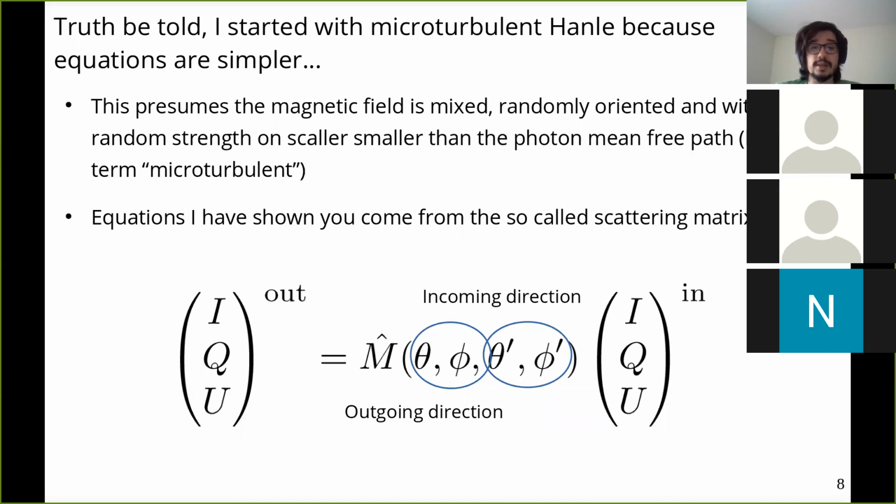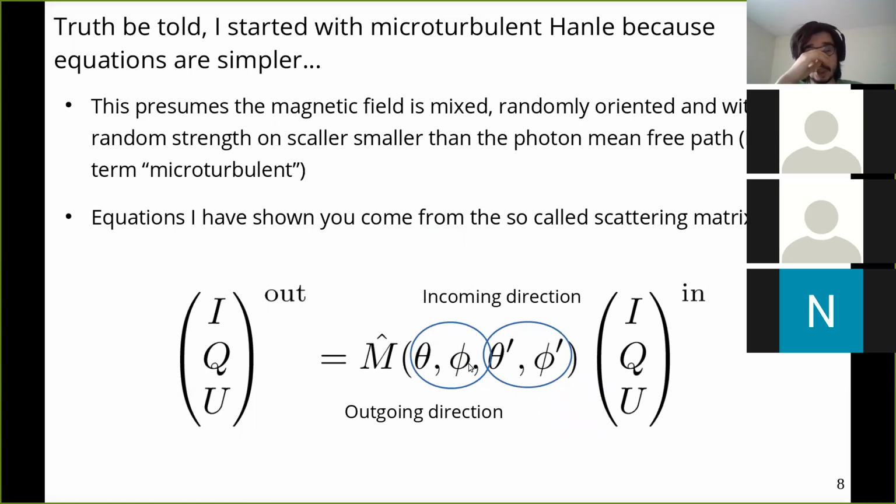And the scattering matrix is basically a matrix that shows you how the Stokes parameters I, Q, and U change in the scattering process depending on the incoming direction angles, which I denote here with theta prime and phi prime, and the outgoing direction, which is determined with theta and phi.